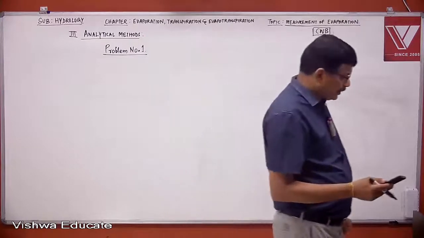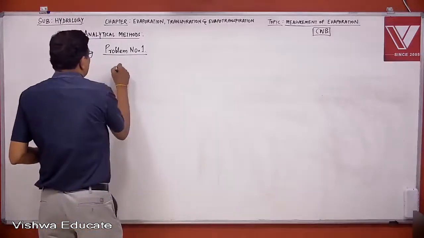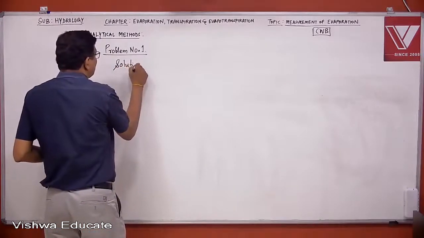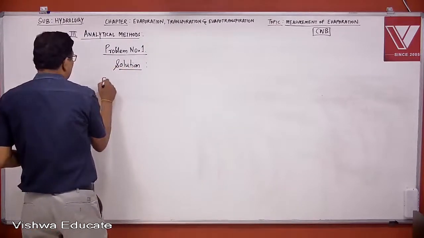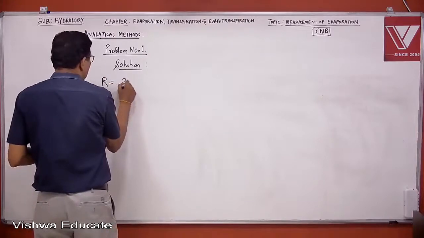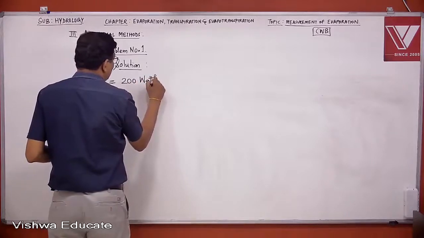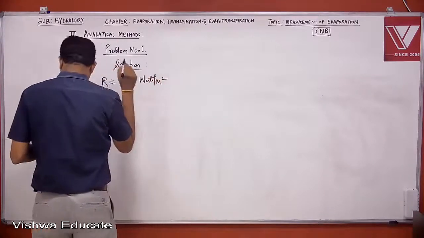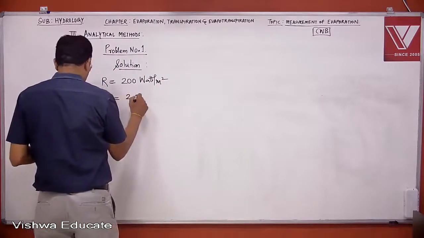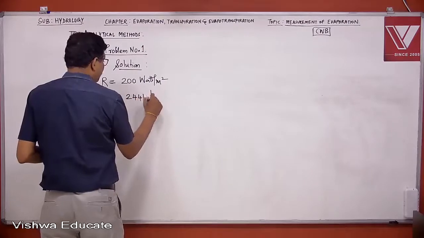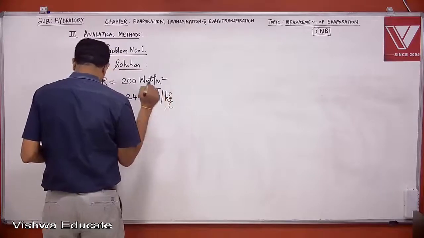Okay, so let us try to write down the data before we really solve the problem. The data given is the radiation energy R equals 200 watt per square meters. The latent heat of vaporization is given as 2441 kilojoules per kg.